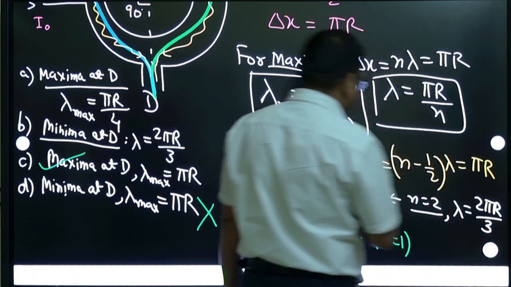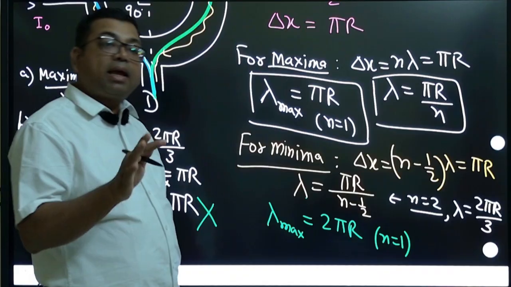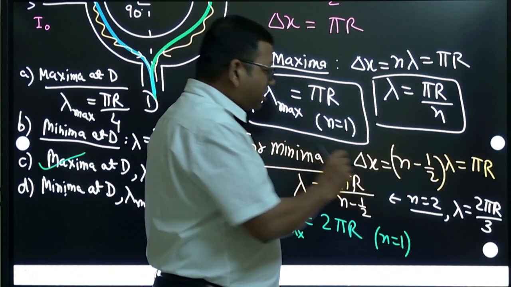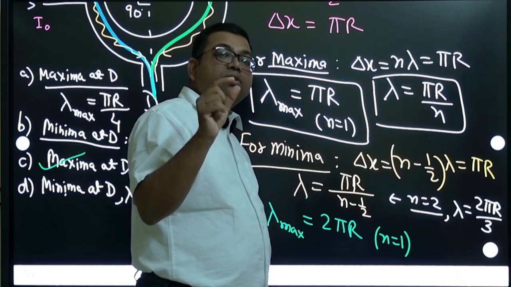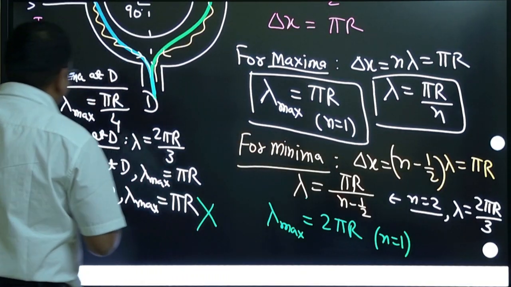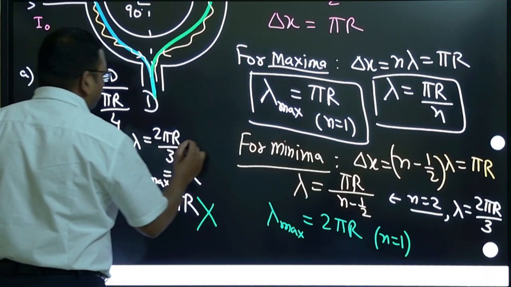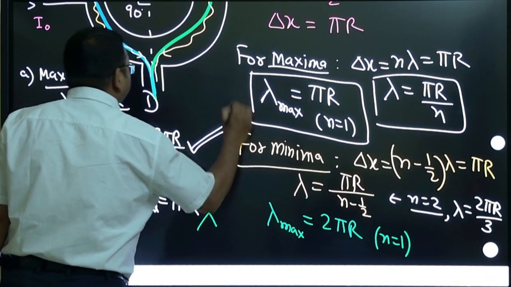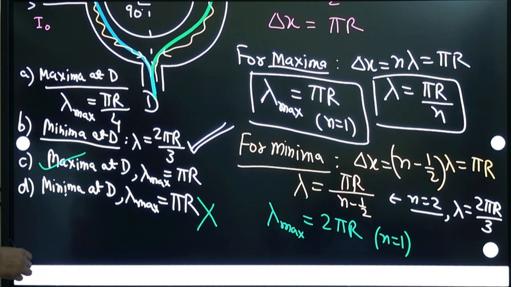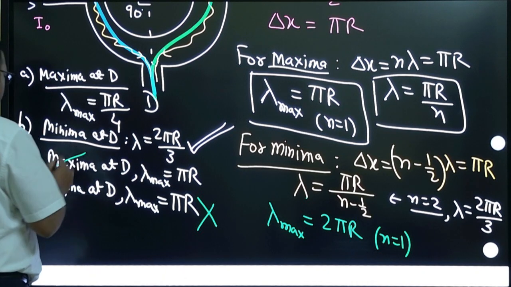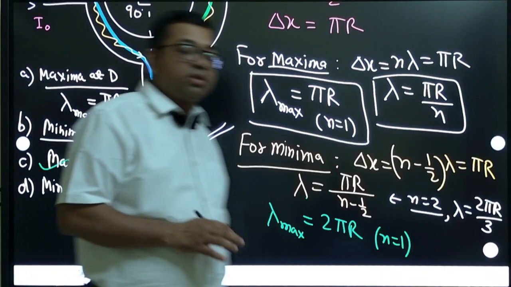Yes, and this is a condition for minima. Minima will happen at many other conditions, but this is one of the conditions where n is equal to 2. So they are saying that this is possible. Minima is possible. Yes, it is possible. So we have two options, option B and option C. Are you clear about this? Yes, tell me.